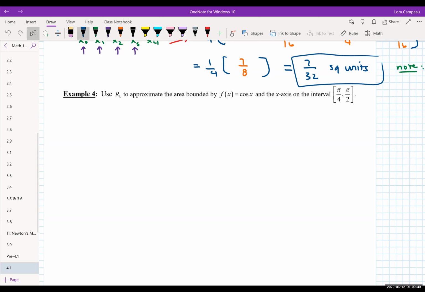First off, if we're looking at what it means to be R3, that's telling us n equals how many rectangles? It's 3. And the height of the rectangle is the right endpoint of each subinterval.